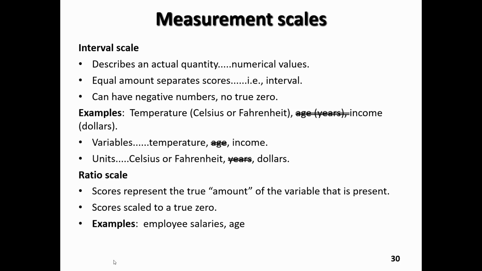And so some examples include employee salaries and age. In terms of the employee's salary, we know that an employee cannot get paid less than 0. If an employee gets paid less than 0, that doesn't exist. But if an employee gets paid 0, they receive no money at all. So the 0 represents the absence of money.